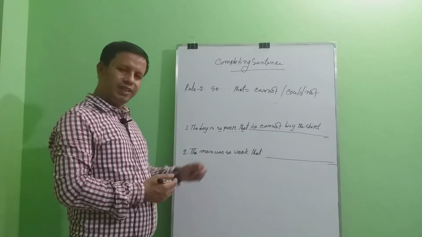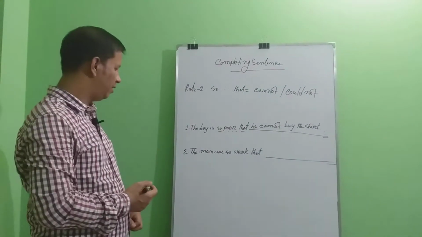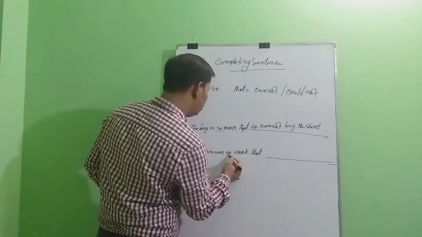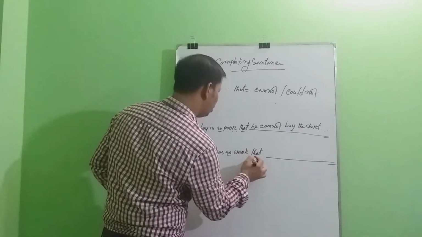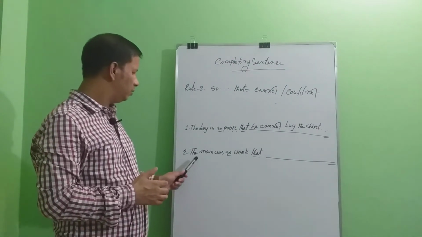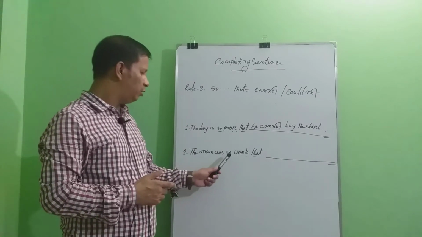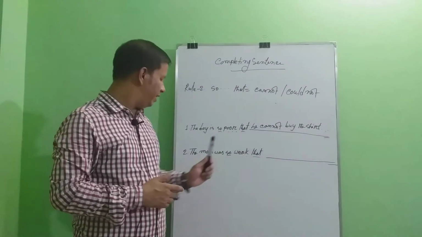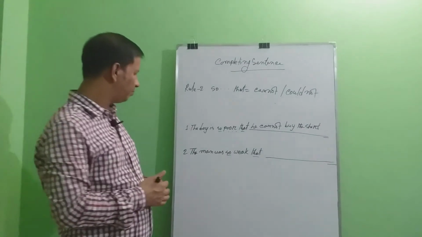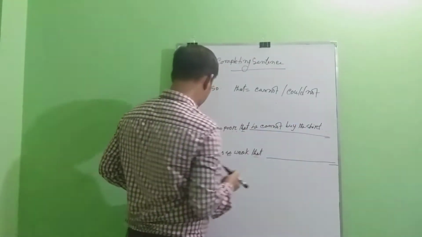Let us see the second sentence, the man was so weak that. Here as you can see, the use of so that, then you have to follow the rule. The rule is, if you see the use of so that in an incomplete sentence, then in this case you have to write could not.